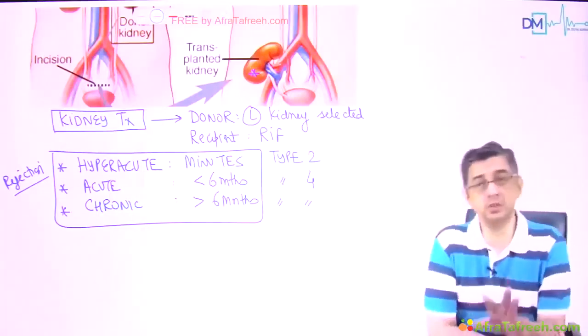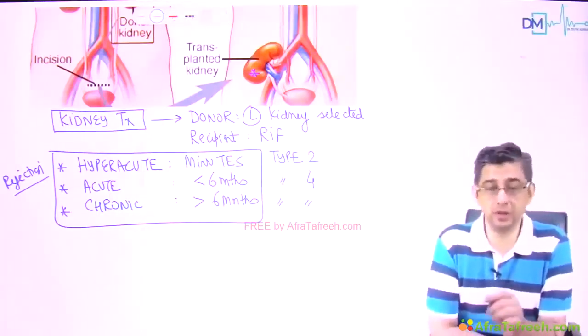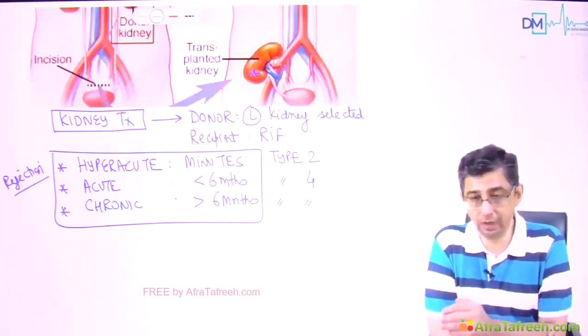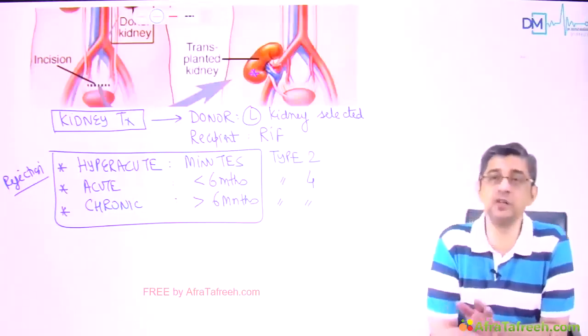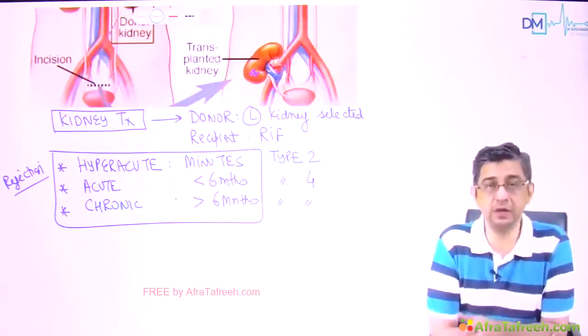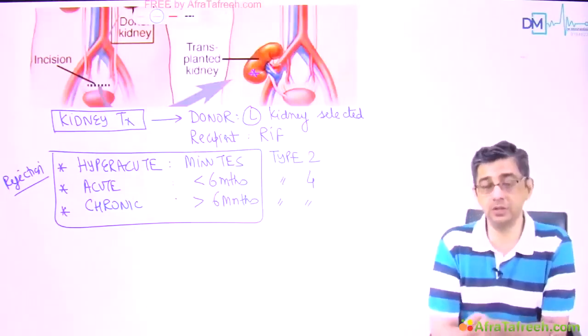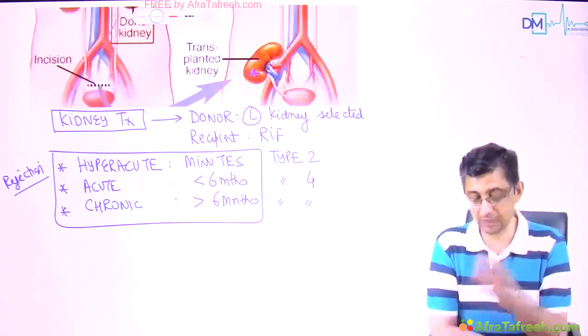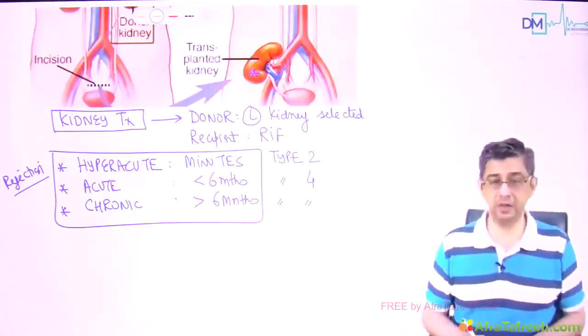I know the controversy is 234, guys, just follow what I'm saying. 244, that's the most researched data that I would say. For hyperacute, type 2 is understandable, and then acute is type 4, and chronic nobody will dispute because it's a delayed hypersensitivity. But when it comes to acute, it occurs in the first 6 months. So this is an example of type 4 hypersensitivity reaction in a patient.